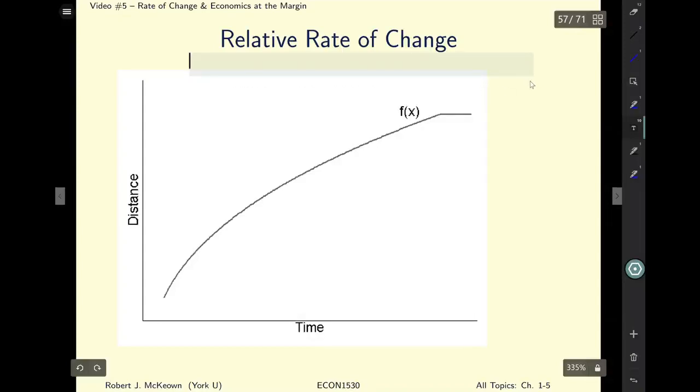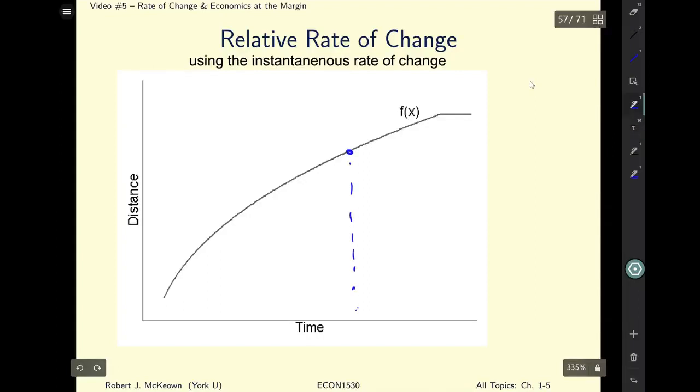Now let's find the relative rate of change using the instantaneous rate of change. We want to find the relative rate of change at a very specific point, maybe call it x1. Of course, x1 is associated with f of x1.